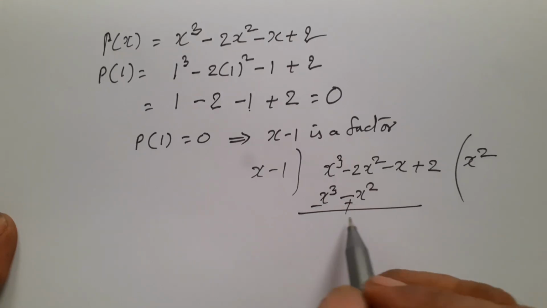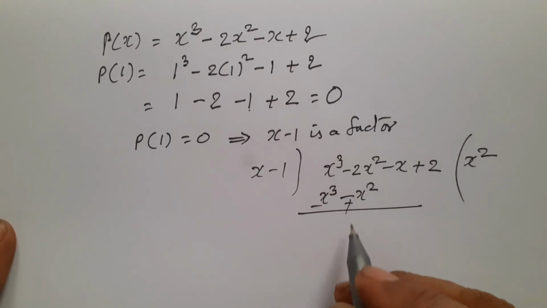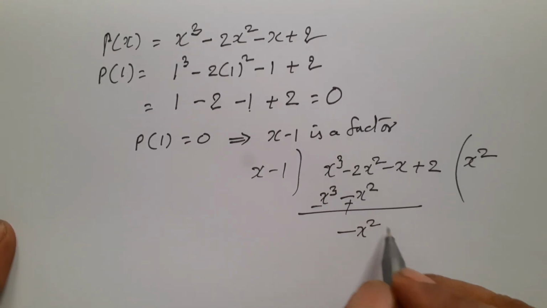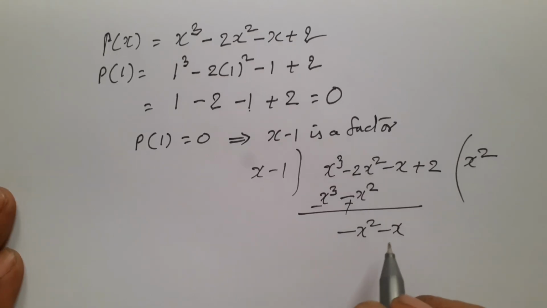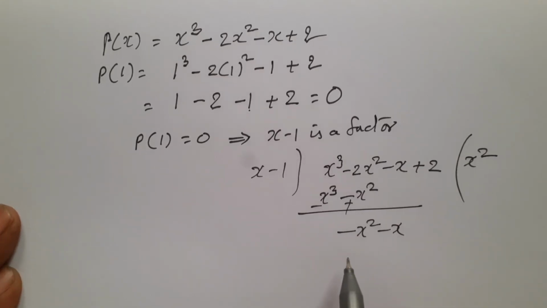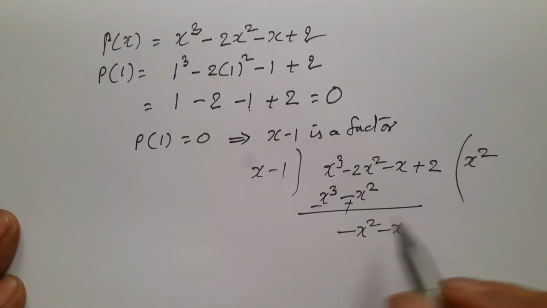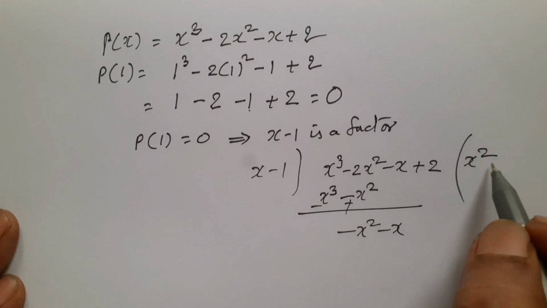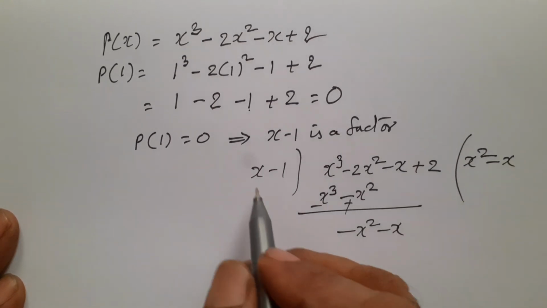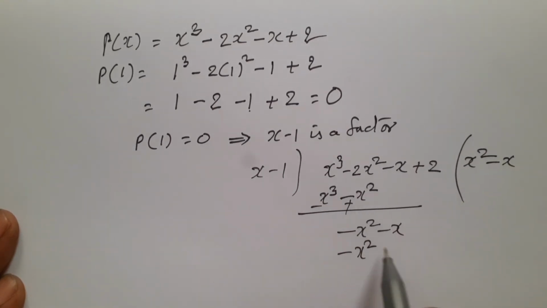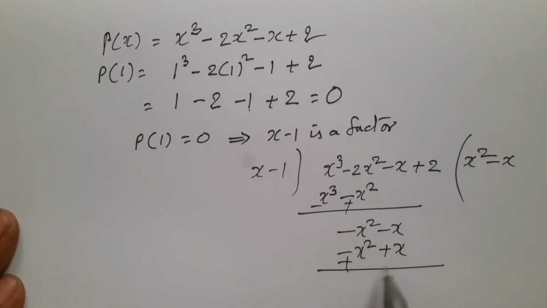You subtract. These two cancel. We get minus x square minus x. Again, minus x times x minus 1 gives minus x square plus x. Here we get minus 2x plus 2.